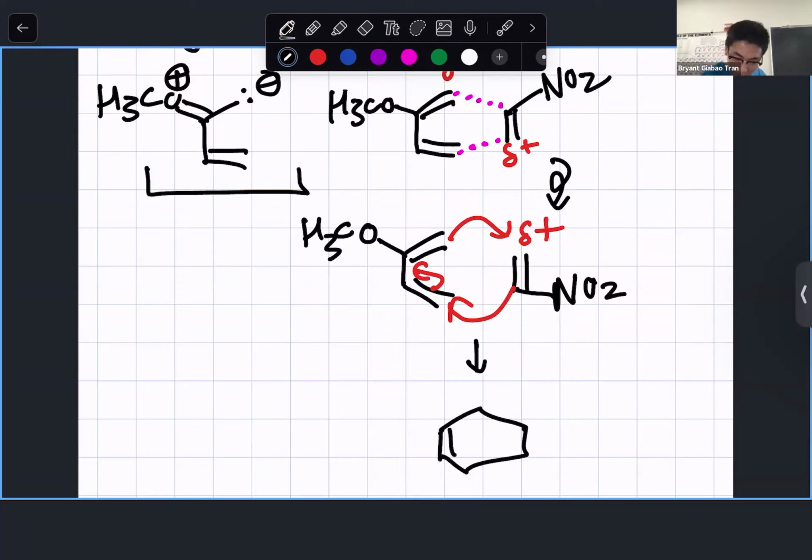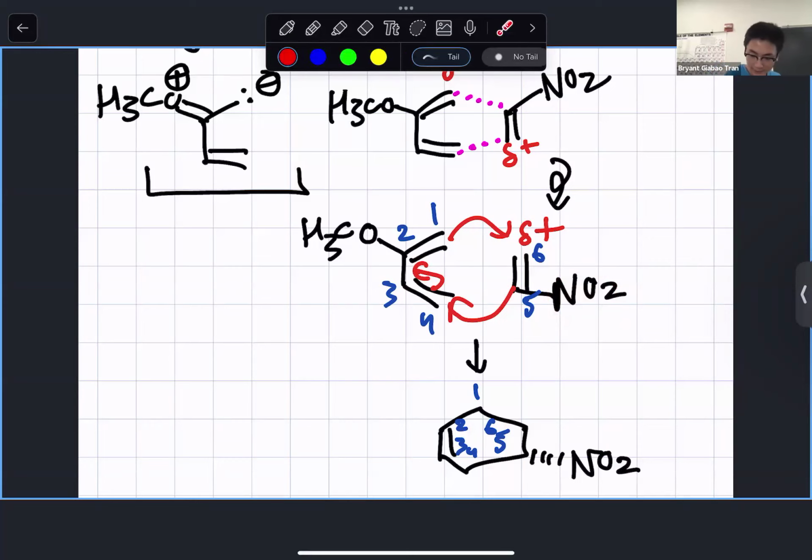Where, let's say this is 1, 2, 3, 4, 5, 6. We see at carbon 5, there's the NO2 group there. And since there's no out or in group on these carbons, we could just put it as dash or wedge. This OCH3 group here is on this carbon right here, which is sp2 hybridized, right?